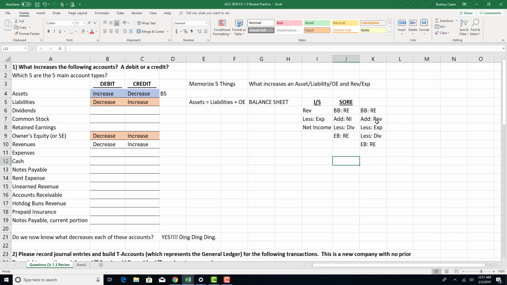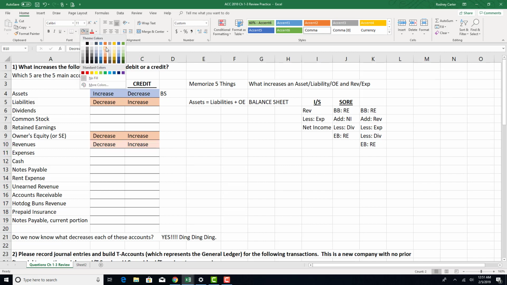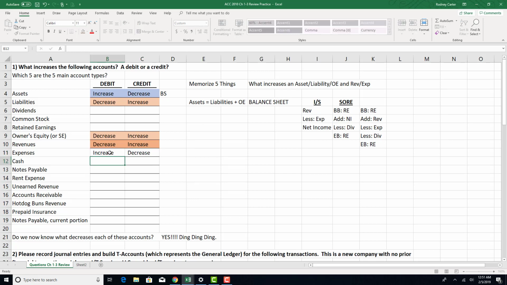I think of a credit increases owner's equity. So revenues increase it and expenses are the opposite, right? I'm actually going to do these a different shade of orange or tan, and then this one is an increase on the debit side and a decrease here. Why? Because expenses decrease retained earnings, which is an equity account.